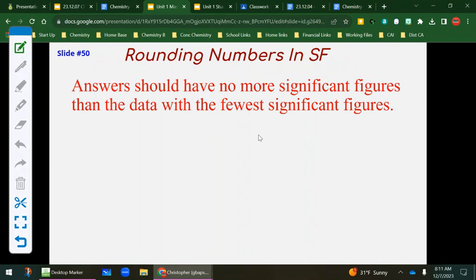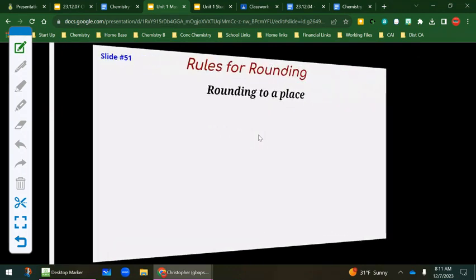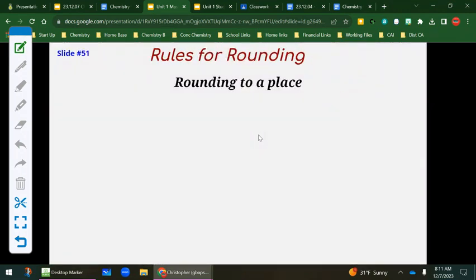We have a set of rules for rounding to a place, and another set for rounding to a certain amount of sig figs: 2 sig figs, or 3, or 4. We will explain the rules to you tomorrow when we get into the math with scientific notation. But right now, we're going to talk about rounding.